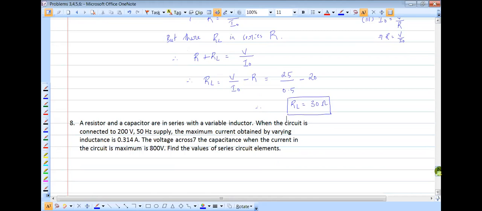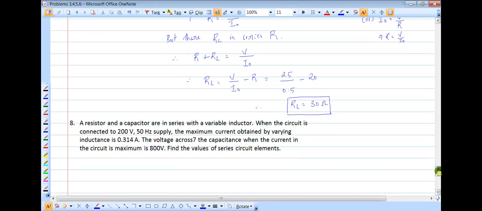A resistor and a capacitor are in series with a variable inductor. Now for the first time we have the inductor being variable. When the circuit is connected to a 200 volt 50 hertz supply, that means the applied voltage is 200 volts and the frequency is constant at 50 hertz, because the inductor is variable.